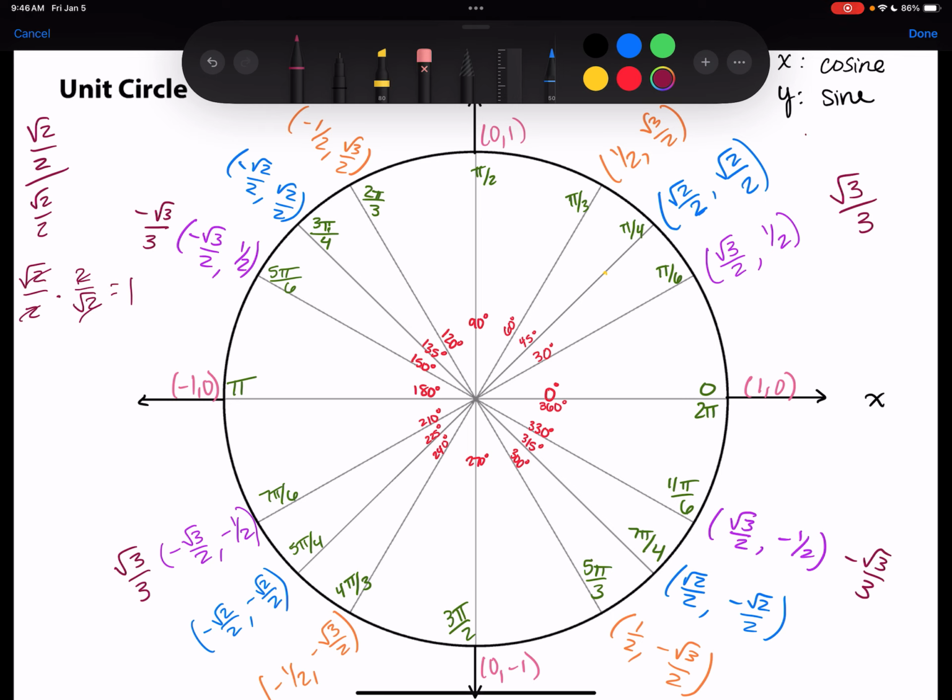So it'll be 1 here, negative 1 here, 1 here, and negative 1 down here. So that's the easiest of them all.